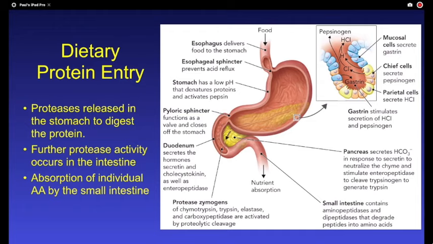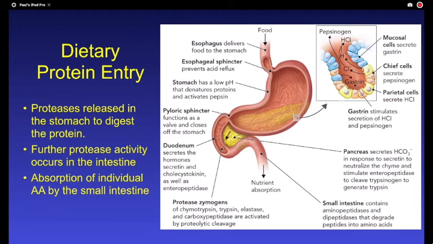You then transition them into the intestine, and the pancreas excretes bicarbonate, which is a base, which then neutralizes the solution. And so we come from very acidic to more neutral conditions once you reach the intestine.